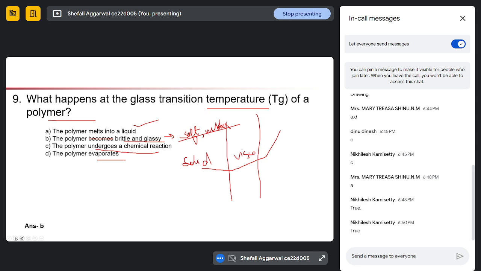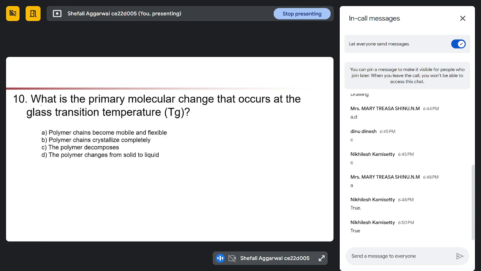Okay, so the next question is, we talked about it changing from solid to viscoelastic. But what exactly is the primary molecular change that is happening at the glass transition temperature? The chains become mobile and flexible. The polymer chain crystallizes completely.